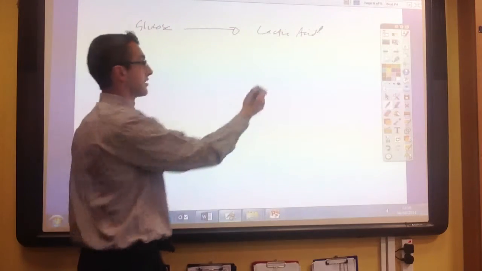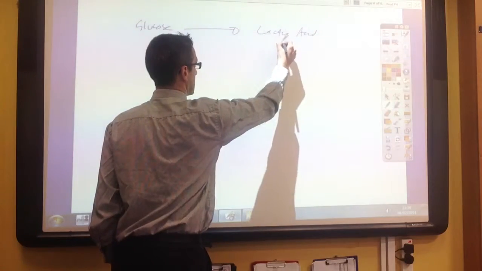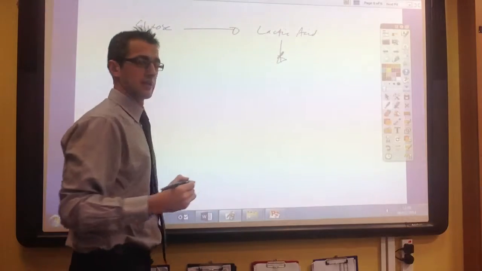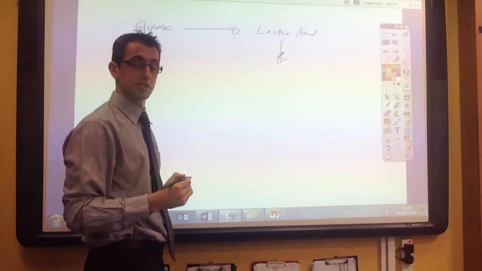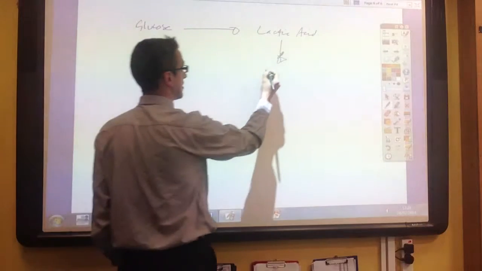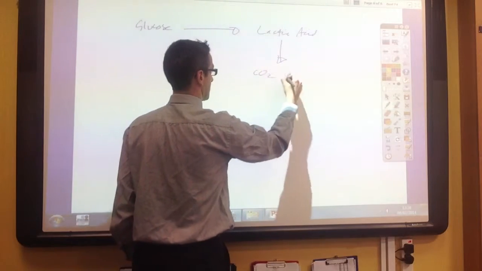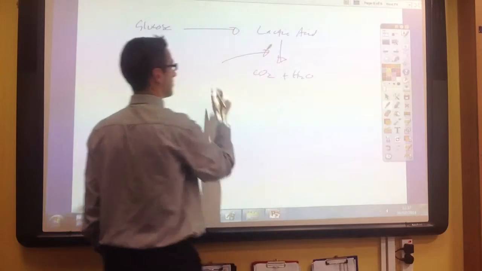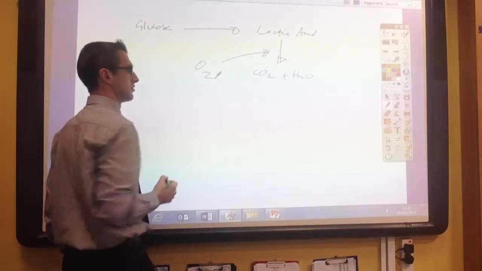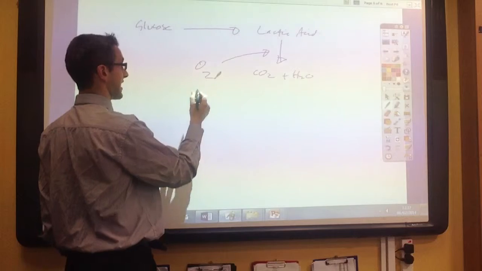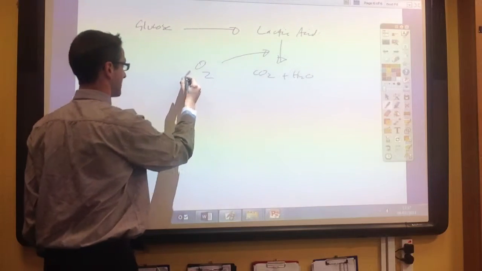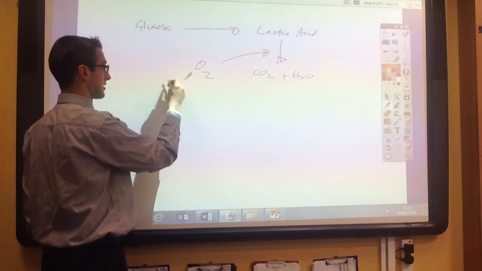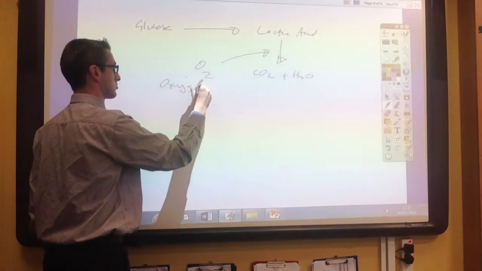The lactic acid can then be reconverted so that it can then be broken down and respired in the normal manner, so it can be got rid of as carbon dioxide and water. In order to do that, we need to supply more oxygen by breathing more, so this excess oxygen that has to be provided to get rid of the lactic acid is called an oxygen debt.